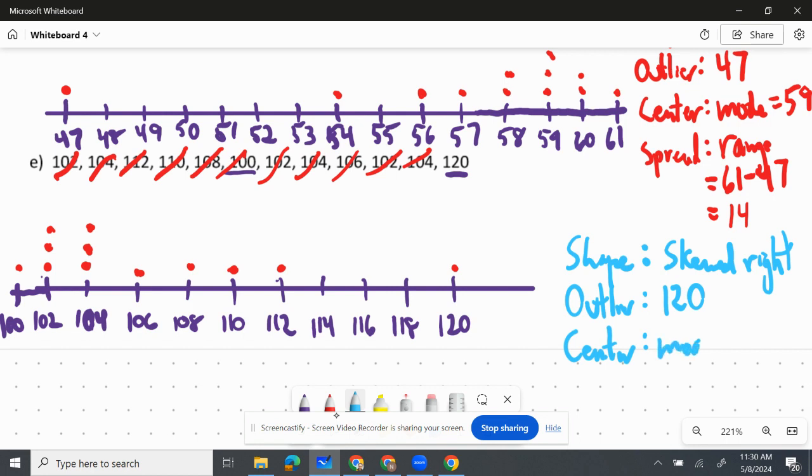We're going to put the mode, and it is 102, 104. And then what we have is our spread. And we're going to use our range, which is 120 minus 100, which would give us, of course, 20.